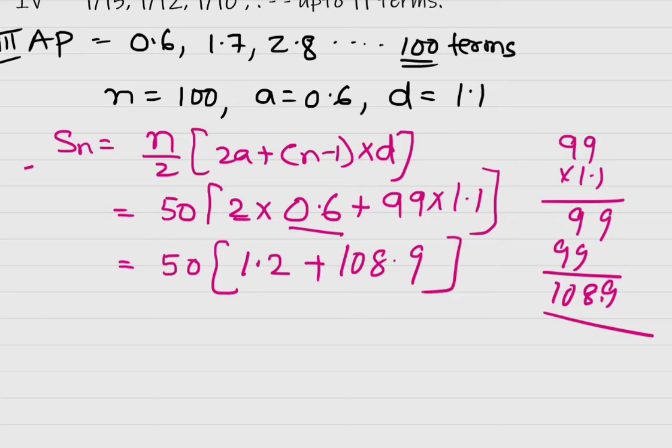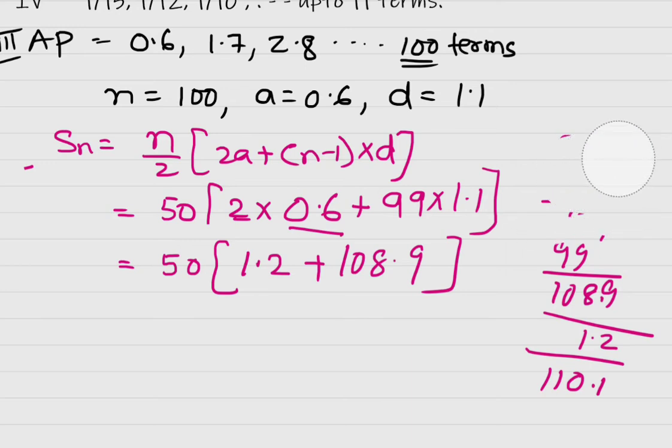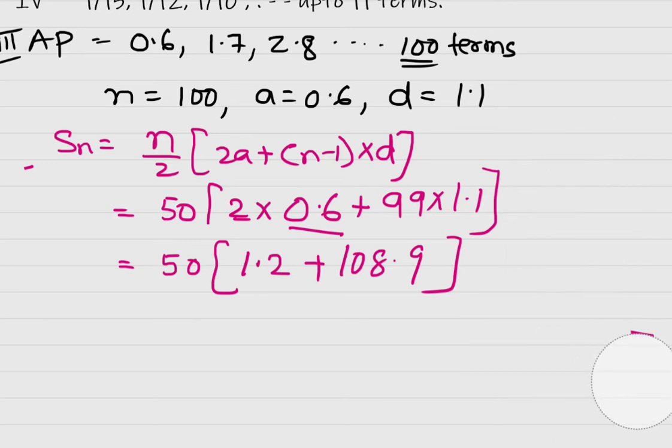So simply add 1.2 to this here itself. So 110.1. You are getting the value of this bracket as 110.1. So that will be 50 into 110.1. So let's see what is the final answer.